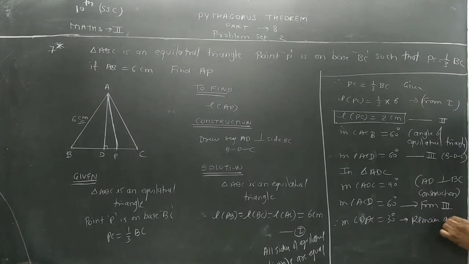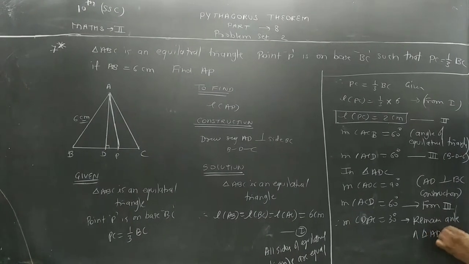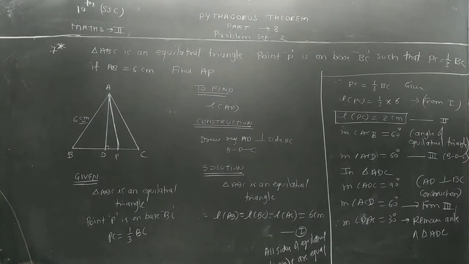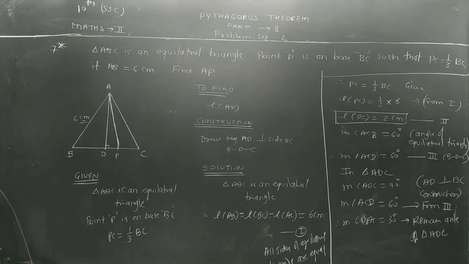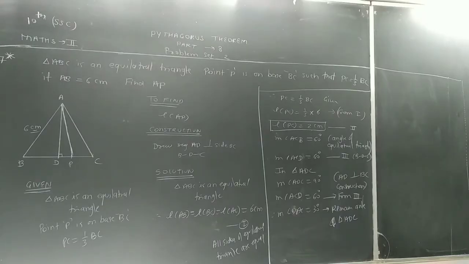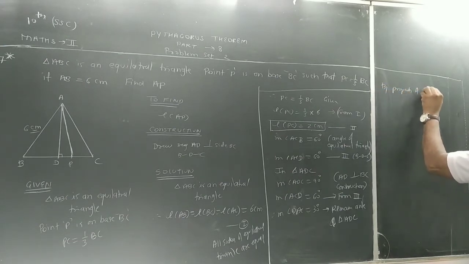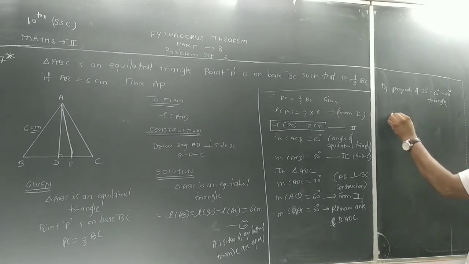Remaining angle of triangle ADC. Now, by property of the 30, 60, 90 degrees triangle, I can find out the value of AD.